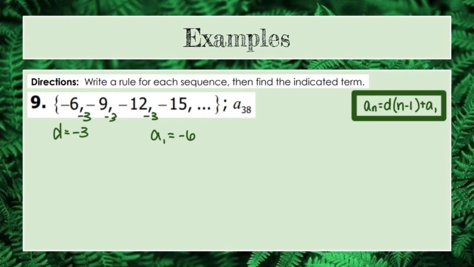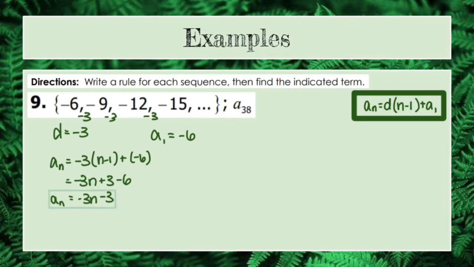Our formula is going to be a sub n equals -3 times n minus 1, plus -6. Once we simplify that, -3n plus 3 minus 6, and then one more step, a sub n equals -3n minus 3. Then we want to use that equation to find a sub 38 because that's what the question asks us for.